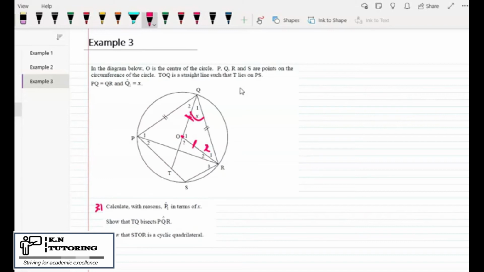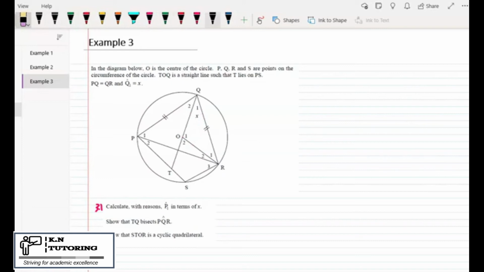So what steps are we going to follow to get to P1? So I've already mentioned that this is X, this is X. Why? It's base angles of an isosceles triangle, angles opposite equal sides. Okay, so if this is X and if this is X, it means O1 will be 180 minus 2X. In fact, maybe let me do this.